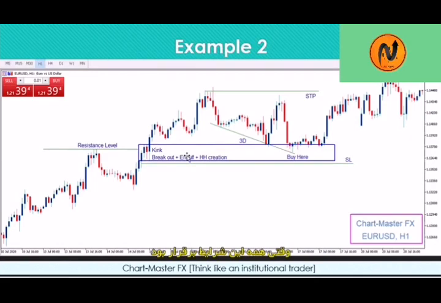And once we see that condition, in our mind we are anticipating that the price is about to create a flag. So there is a pole, there is a flag here. This is what we call the flag limit area. Once we have this condition, we know that the price is about to flag.